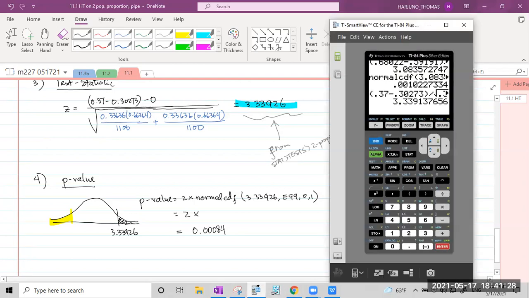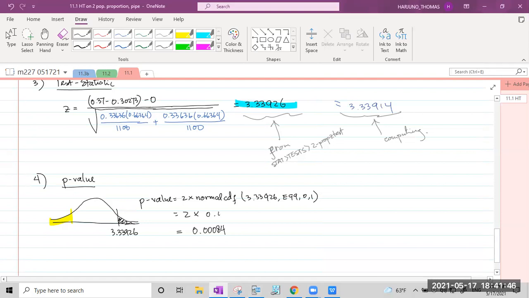Let's confirm that using calculator. So this will be normal CDF 3.33926. That's 42 in the 4th decimal place, 0.00042. Then you multiply by 2. That's what you get. Okay, now suppose I use this number instead.